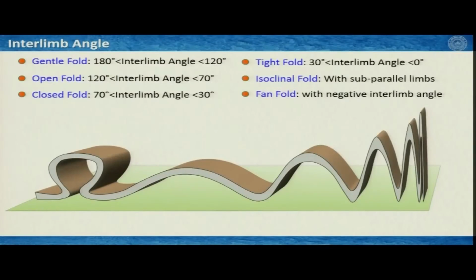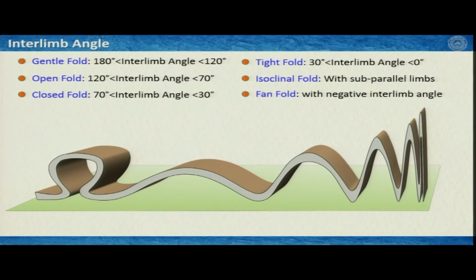Now, based on interlimb angle, we classify the folds as gentle fold, open fold, closed fold, tight fold, isoclinal fold and fan fold. The classification is based on how much the interlimb angle is. If the interlimb angle is from 80 degrees to 120 degrees, then it is a gentle fold.